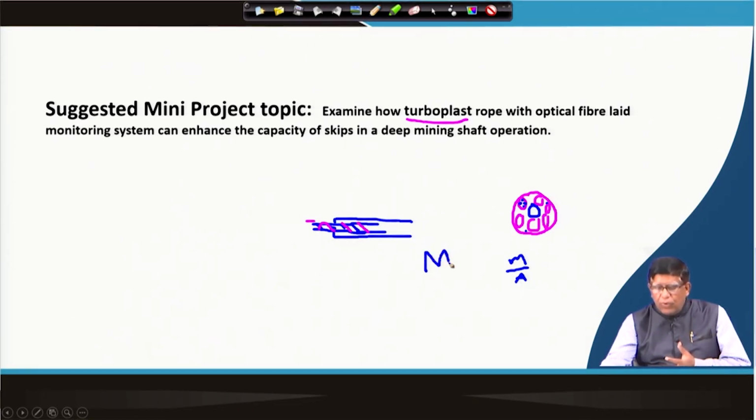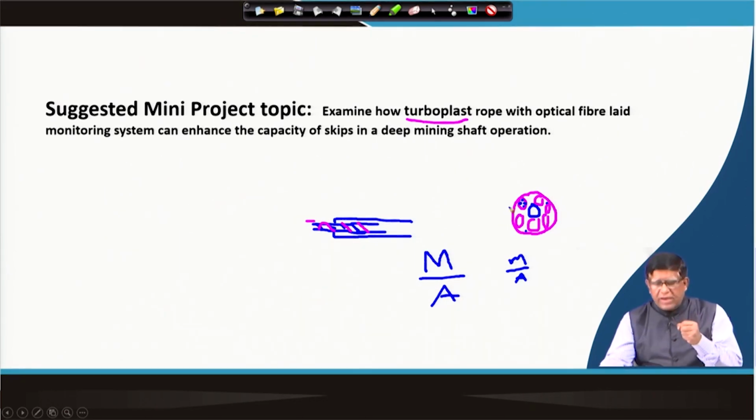If the whole area were made of compact wire, the mass would be greater than with this small m from the plastic. That is the principle of using this turboplast wire rope.